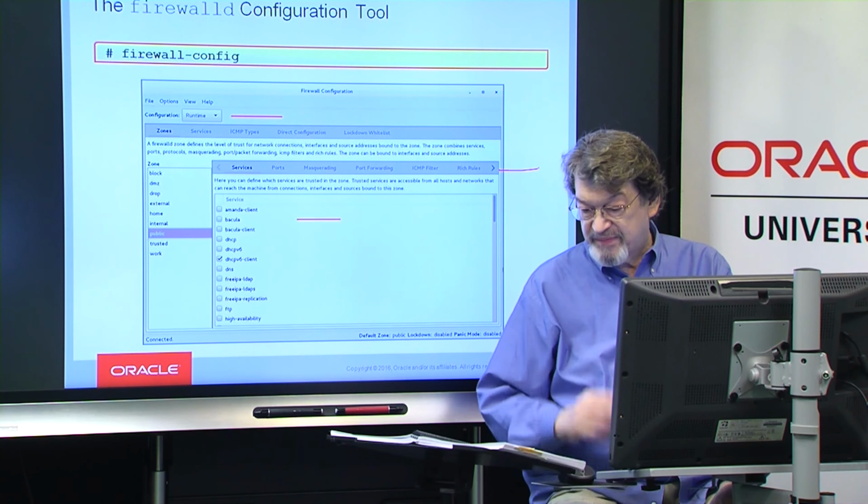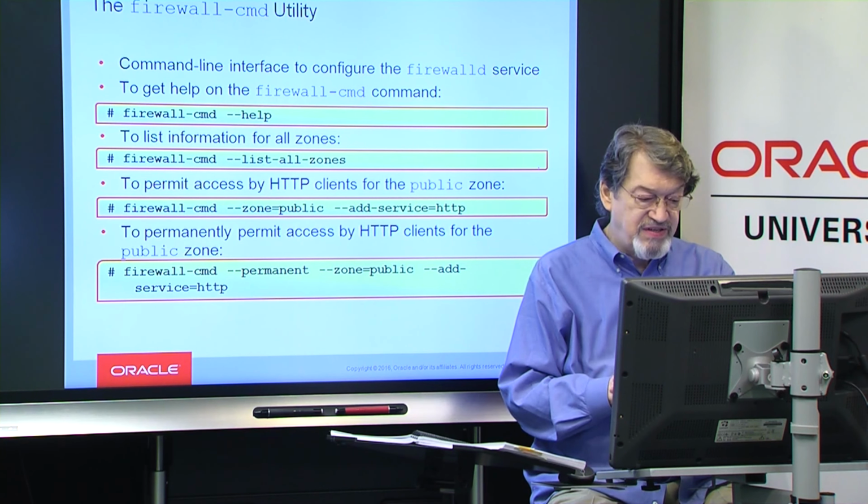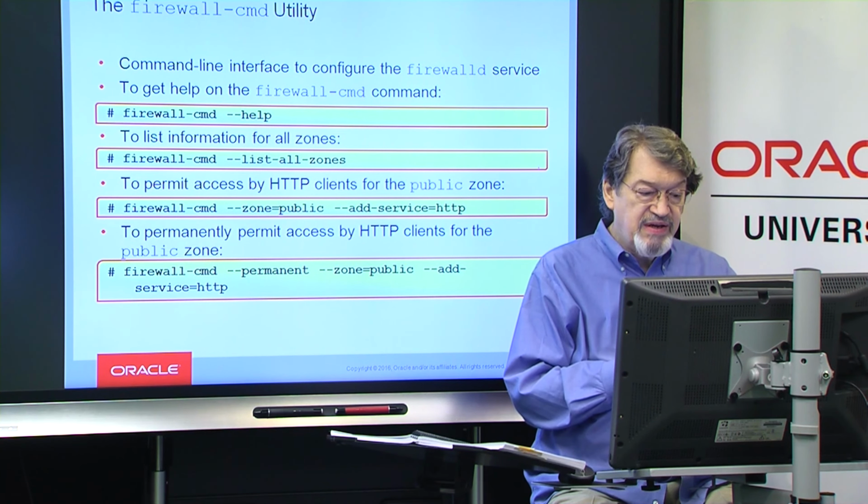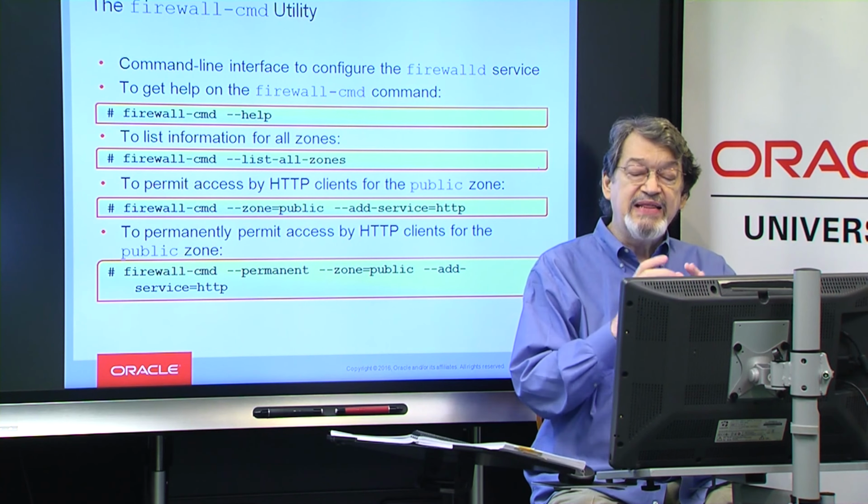Now, we did a lecture on networking a little earlier, and we had a network tool called the Network Manager. Remember that? And then we had nmcli, where you could literally do the same thing. Well, we have a command, firewall-cmd. I can list zones. I can add services. I can remove services. Anything that I could do through that GUI on the previous slide, I can do through the command line.